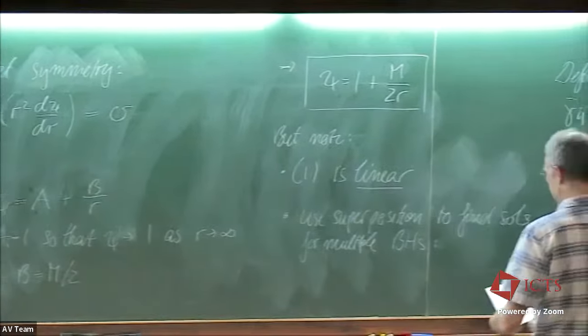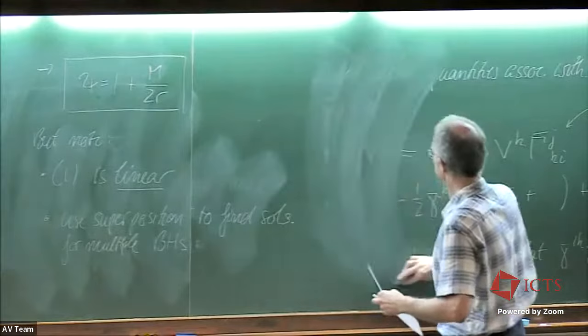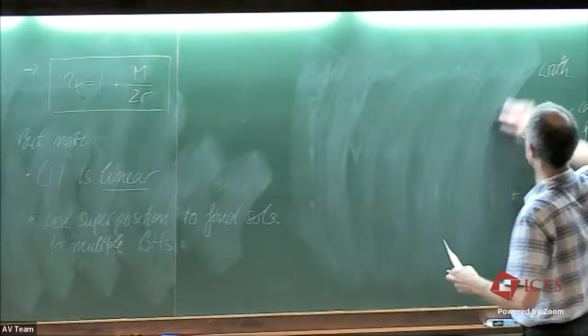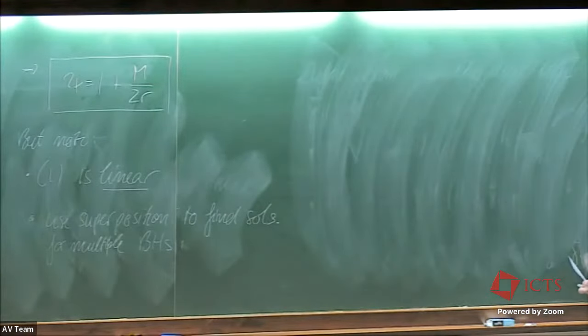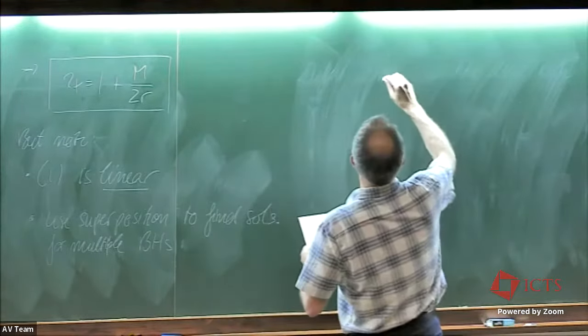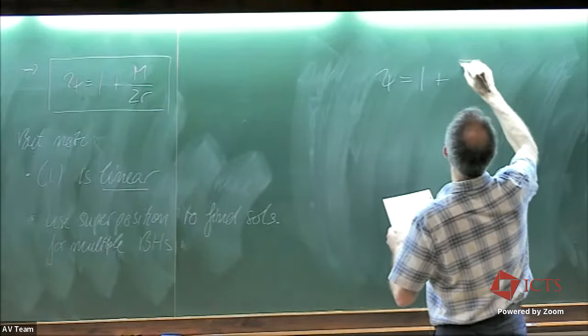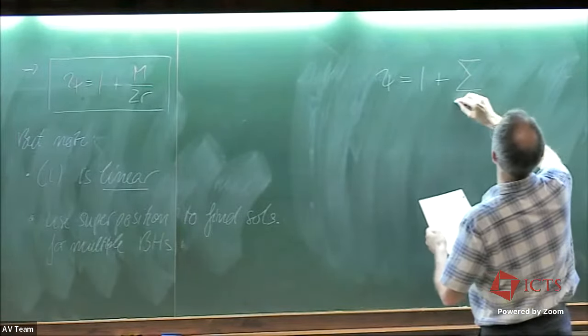So, actually, you know what? Let me erase this. So actually, let me write it maybe here. So psi equals 1 plus, and now we could add over multiple terms.